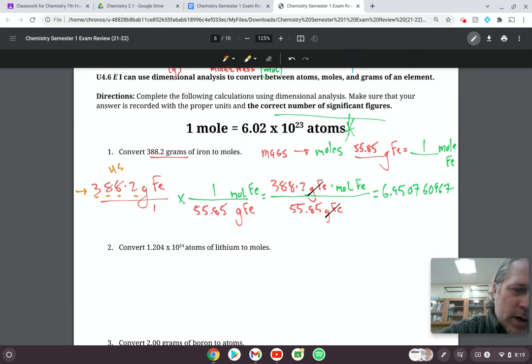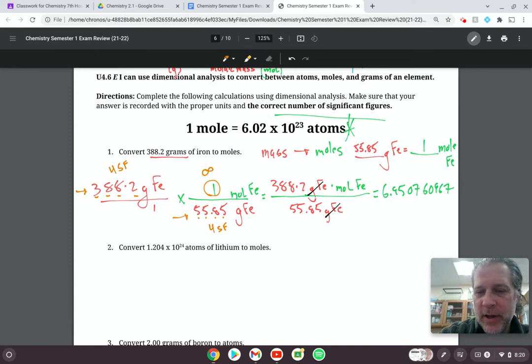So I have 4 sig figs. The relationship, so this value right here, is really considered to have infinite significant figures because it's a relationship. And then if we were to assess this, we can count 1, 2, 3, 4. This one would also have 4 sig figs. So my final answer has to have 4.